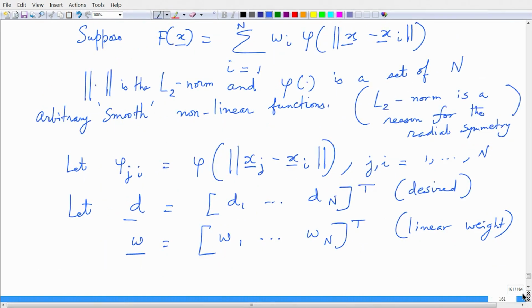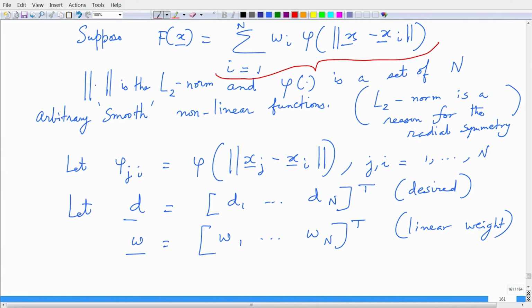Now this function capital F acting on this data point x can be written in this form. It is a linear combination of these nonlinear functions phi acting on the data point.